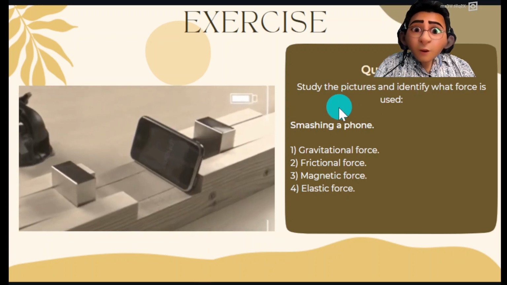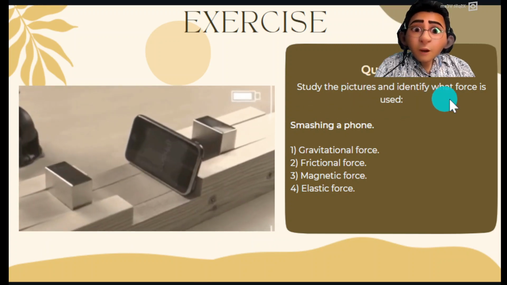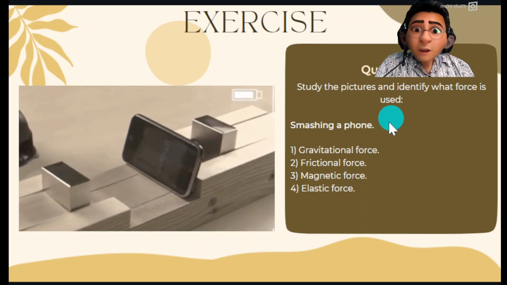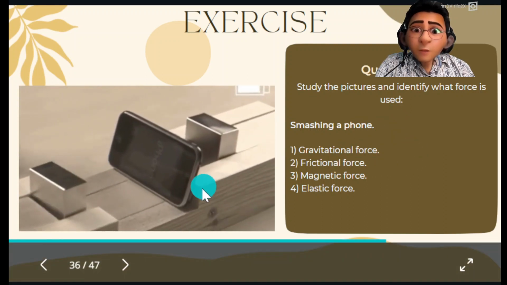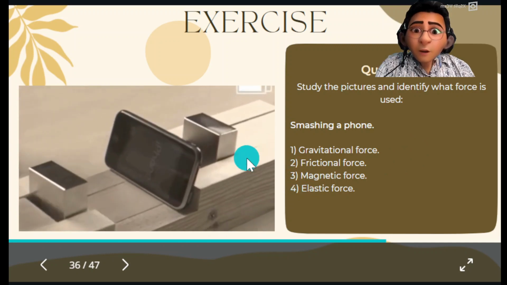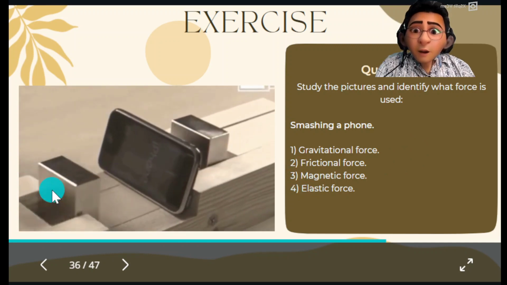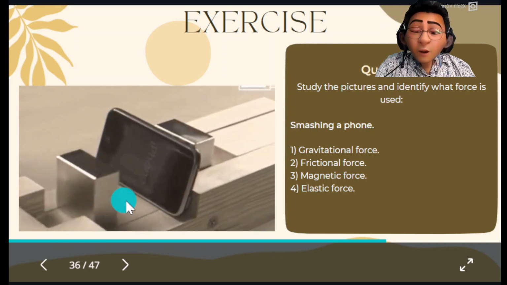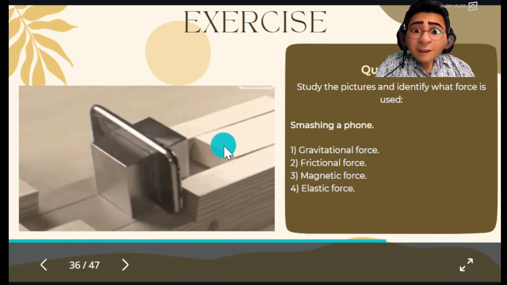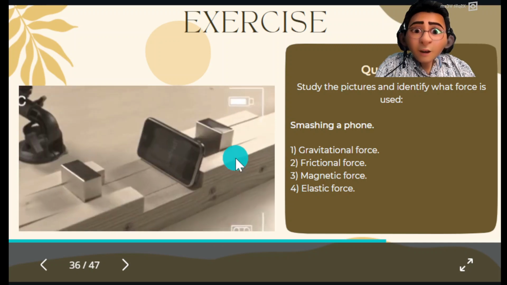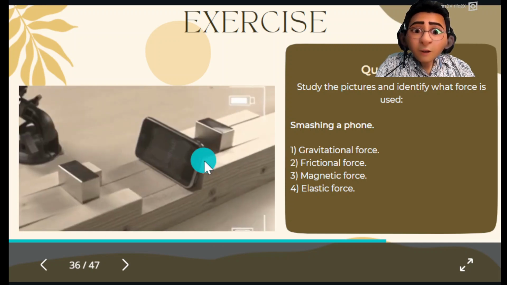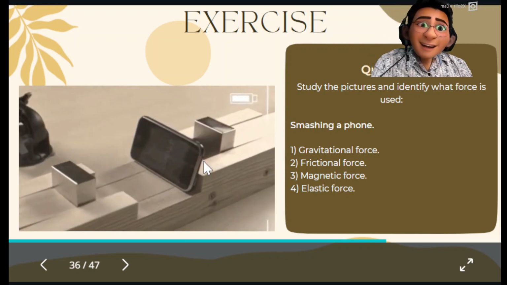Question number 1. Study the pictures and identify what force is used. Here, look here, smashing a phone. Smashing a phone using what? What happened here? There are two types of metals, and they are moving towards each other. So is this gravitational force, friction, magnetic, or elastic force?